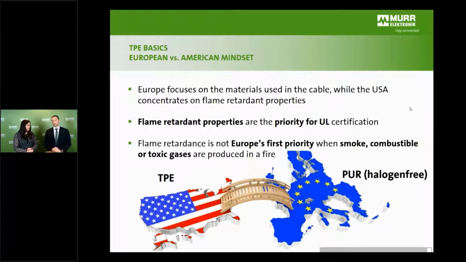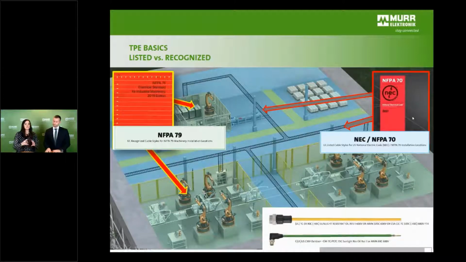That's the difference here. Okay, now tell us about the different industrial areas that you could find on a machine floor. Yeah, here we can see a typical layout of an industrial plant. We have the direct machine area. For this area, the NFPA 79 organization defines the standards. It's the green marked area, and we have the blue marked area also.